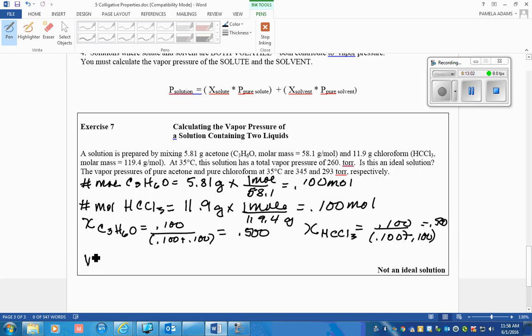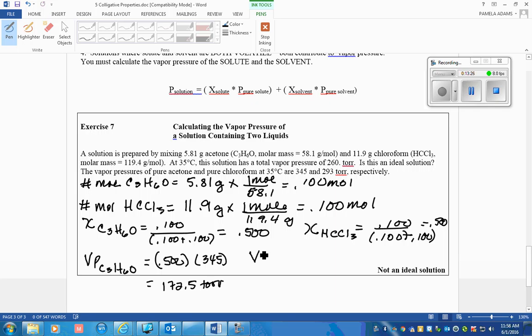So the vapor pressure of the acetone will be its mole fraction times the vapor pressure of the pure, that's 345, and that is equal to 172.5 torr.